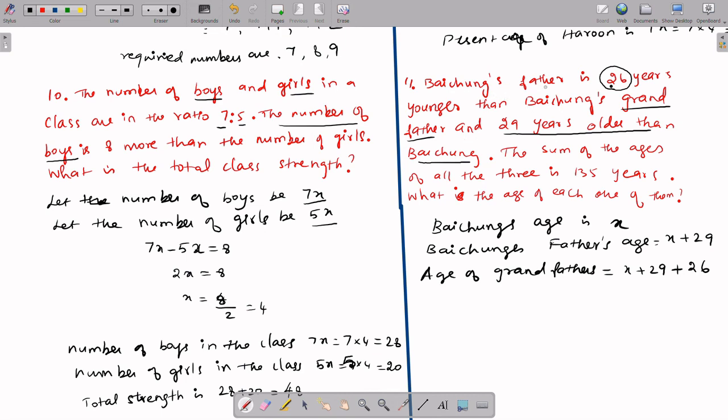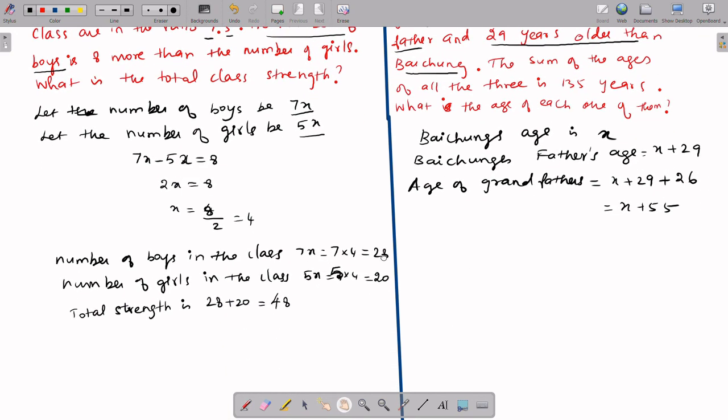Baicheng's father's age is x plus 29, so we add 26 to it, which is equal to x plus 55. This is the grandfather's age.